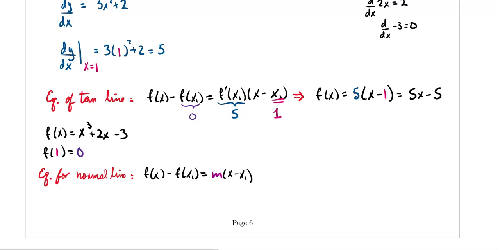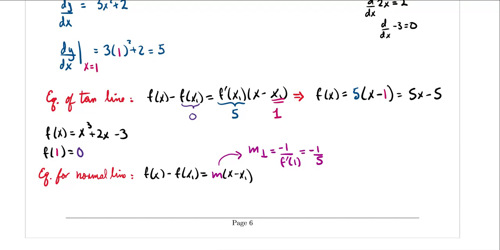Now remember that since we're dealing with perpendicular lines, the slope here, I'll put here m perpendicular, is simply going to be negative 1 over the slope of the tangent line evaluated at our point of interest, which is 1. So our slope here is just going to be negative 1 over f prime of 1, which is going to be negative 1 over 5. That's the only thing that's different.